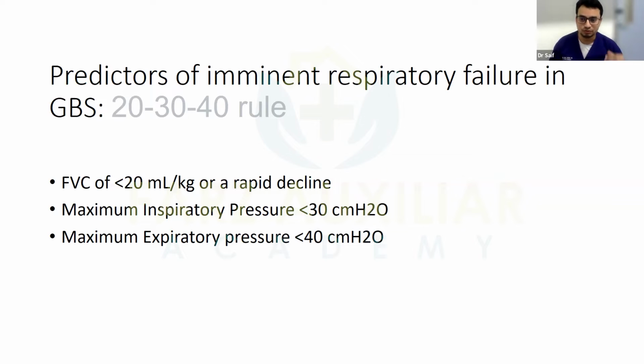FVC less than 20 ml per kg, or less than 1 liter, or more than 50% decline from baseline. Or maximum inspiratory pressure less than 30 centimeters of water, or maximum expiratory pressure less than 40 centimeters. These three you have to remember always, as MCQs may be asked on this.